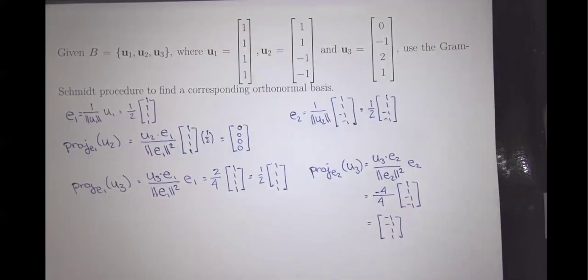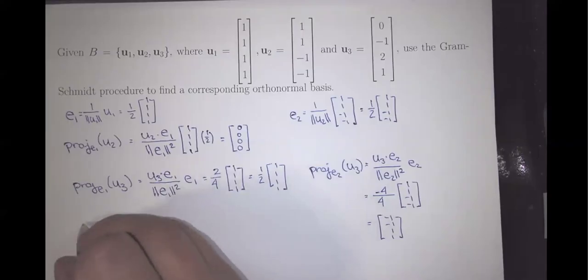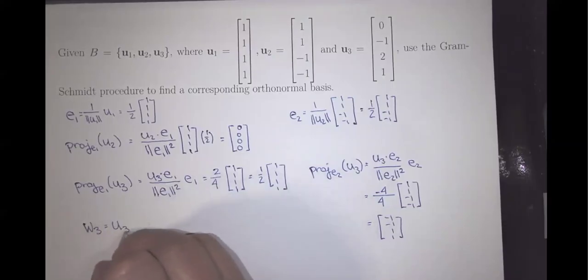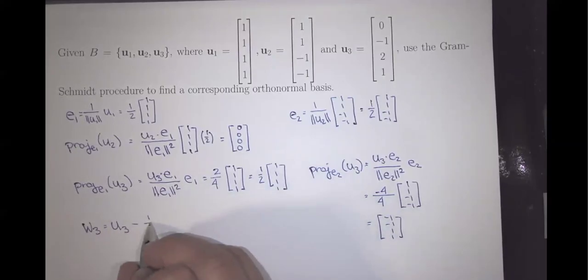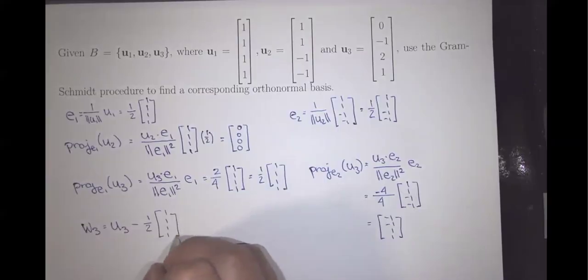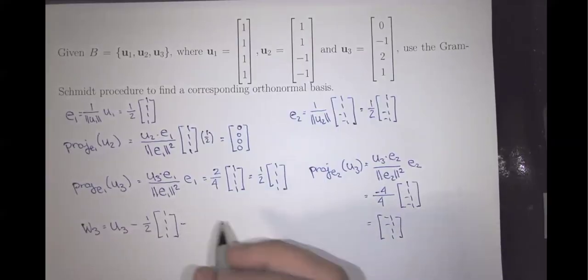Okay, so we've got the two vectors that we need to orthogonalize against. And so we end up with what we'll call W3 equals U3 minus this projection minus this projection.